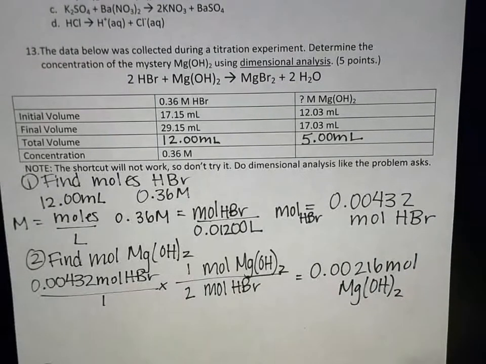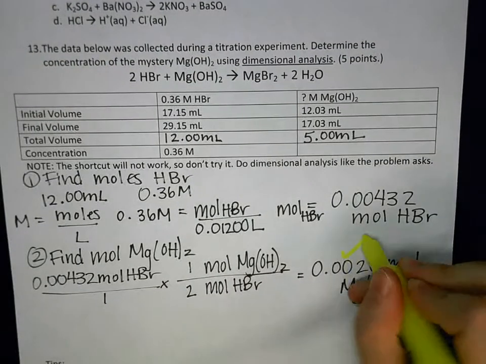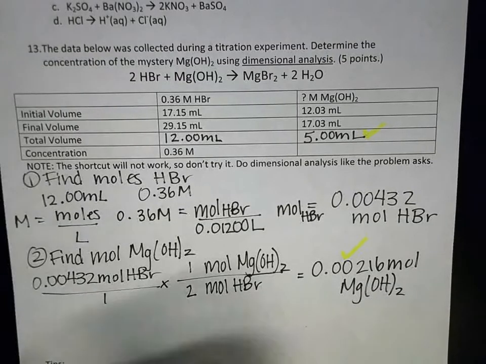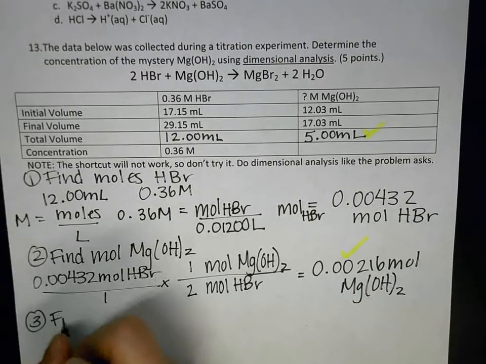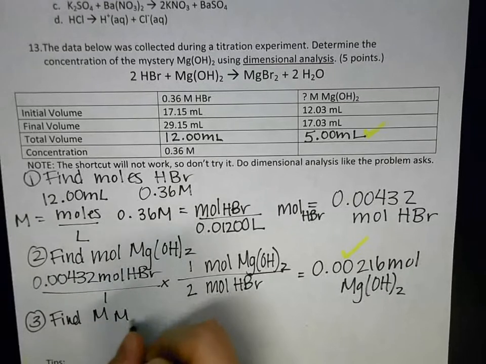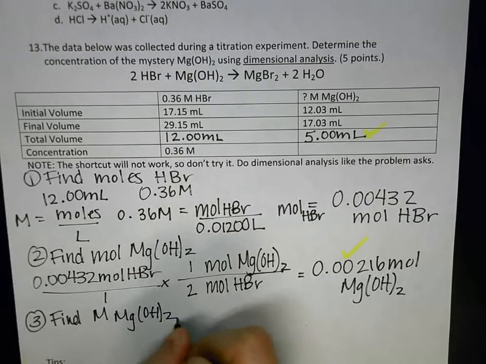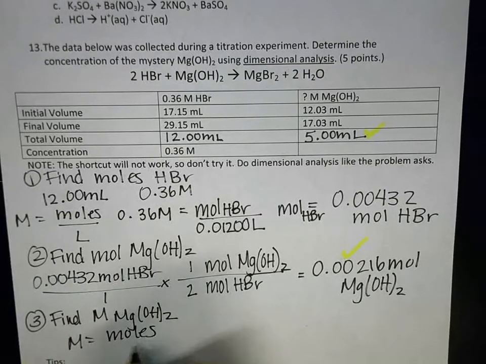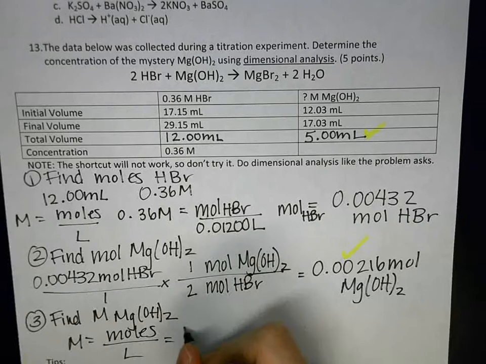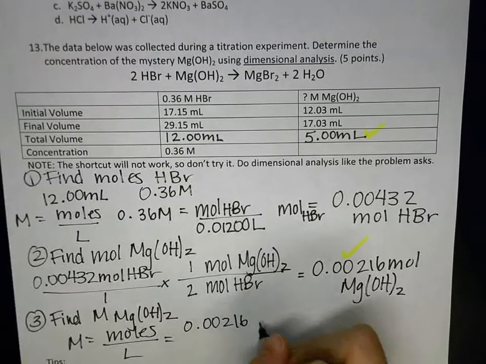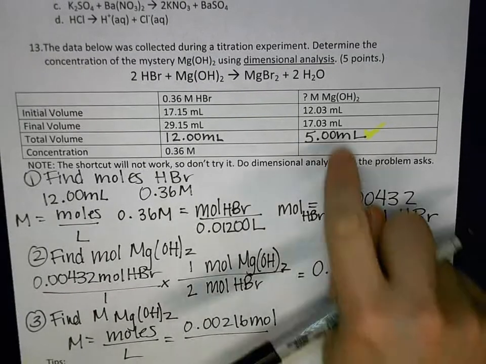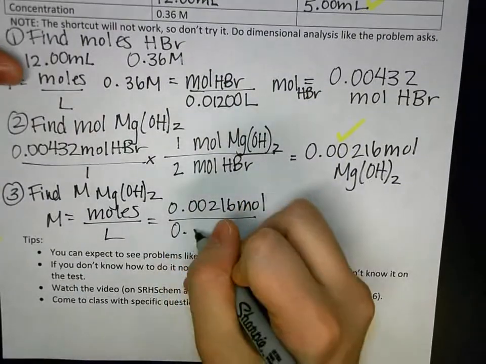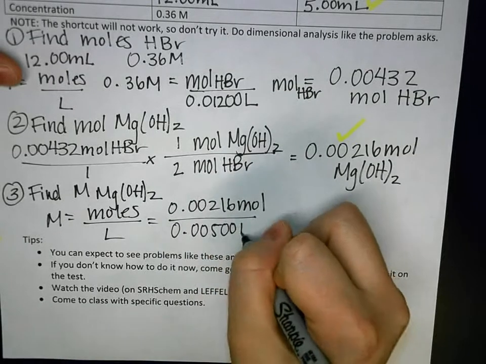Okay, I've got all the pieces now. I've got moles of magnesium hydroxide. I've got liters of magnesium hydroxide. So I can find the molarity of my magnesium hydroxide. Molarity is equal to moles over liters. 0.00216 moles. 5 milliliters is the same thing as 0.005 liters.